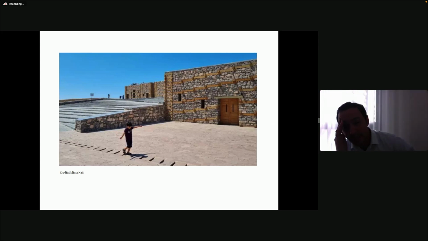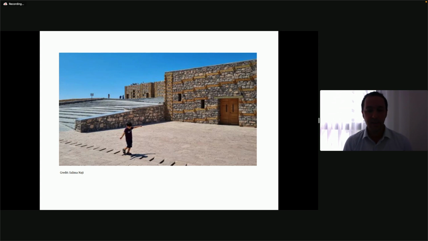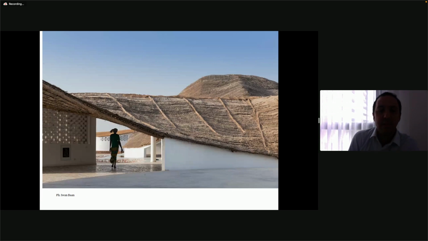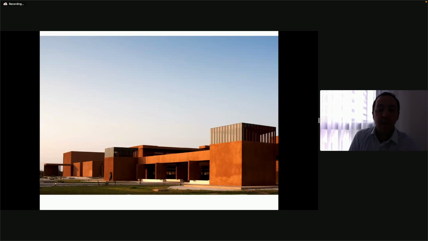And you have some nice examples, for example this building in Agadir by Salim Anaji, one of the main architects in Morocco dealing with this vernacular heritage and renewing it. Of course, there are also Francis Kéré in Burkina Faso, or Toshiko Mori, with a beautiful project in Senegal.